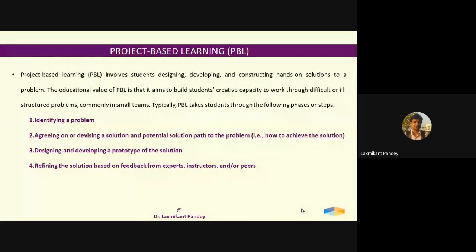Now if you look at project-based learning, it involves students designing, developing and constructing hands-on solutions to a problem. By project-based learning, you are going to inculcate different kinds of soft skills among the students.